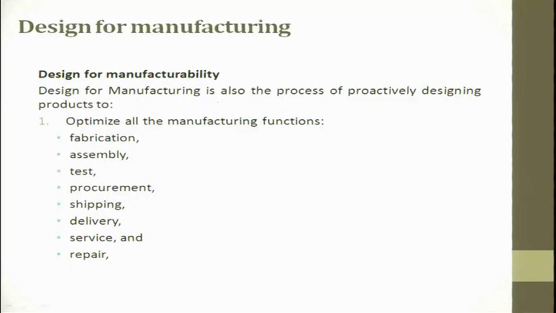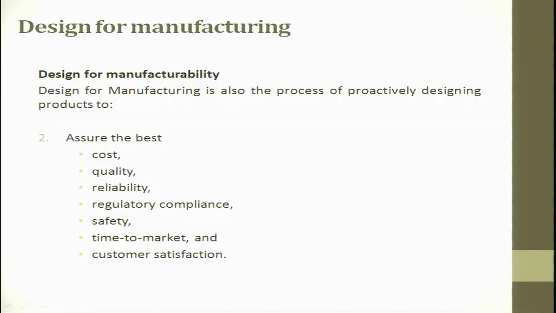So design for manufacturing is also the process of proactively designing products to optimize all the manufacturing functions like fabrication, assembly, testing, procurement, shipping, delivery, service and repair. When we talk about design for manufacturing, it is interesting to know shipping is also part of manufacturability. Okay. So delivery, service and repair. So here we are trying to talk about design for manufacturability.